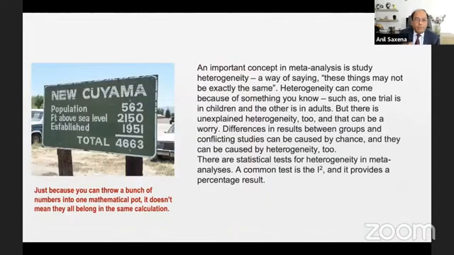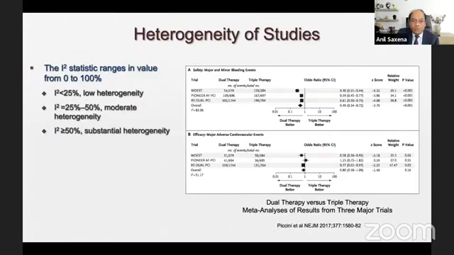So for example, you cannot throw a whole bunch of data into one mathematical equation, because that will be a wrong thing to do. Just continuing the same line of thinking on, say for example, the NOAC trials, this is a meta-analysis of 3 trials: the WOEST trial, the PIONEER AF-PCI trial, and the RE-DUAL PCI trial.